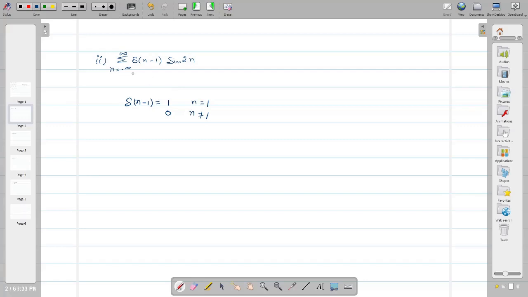So it is defined only for n equal to 1. Sine of 2n then becomes sine of 2 into 1, which is equal to sine of 2. So this is the solution.